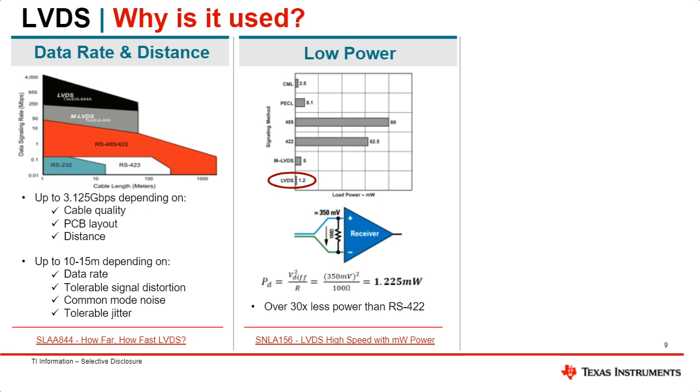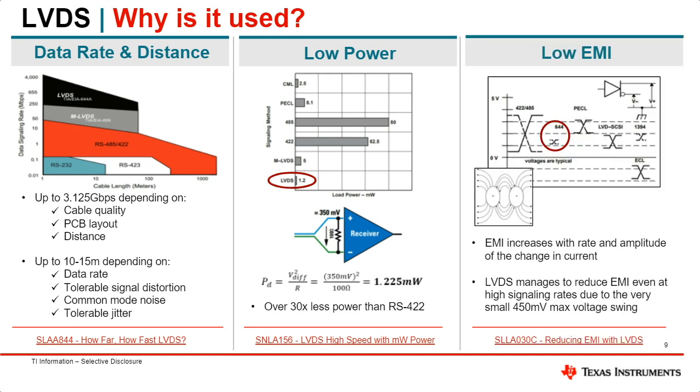The second benefit is in terms of power dissipation. The 350 millivolt differential voltage only comes out to be about 1.2 milliwatts of power dissipation, which is a fraction of the power of CML and PECL. And in the case of RS-422, it's over 30 times less power.